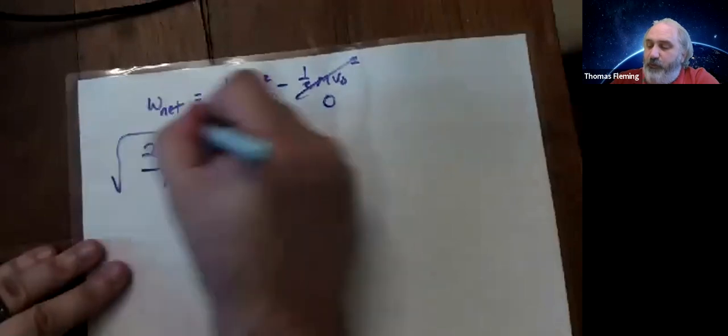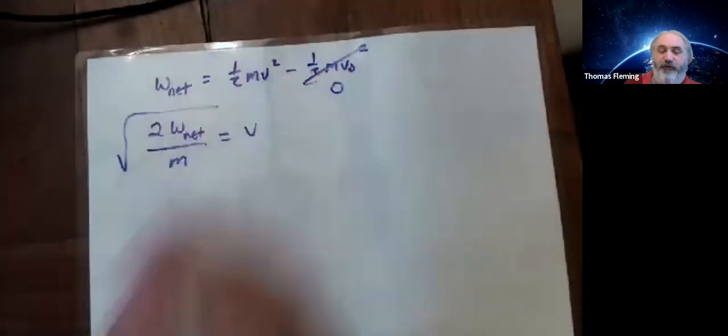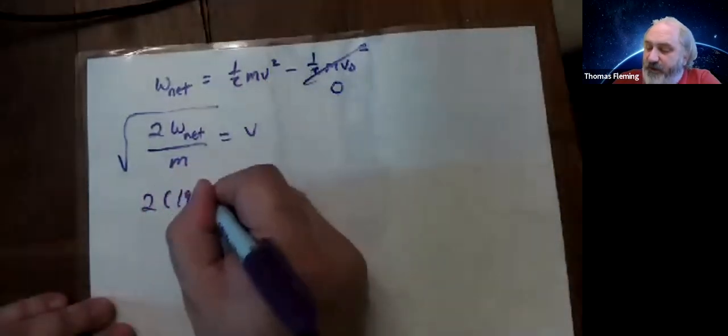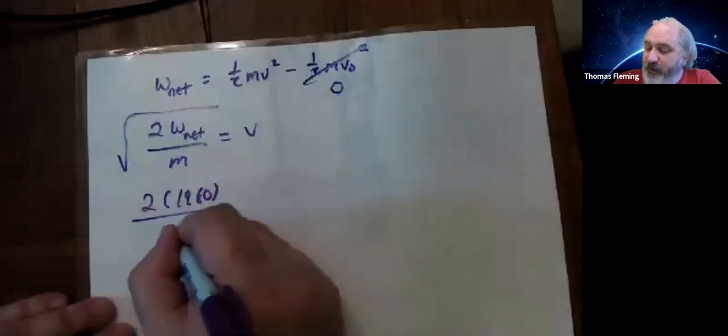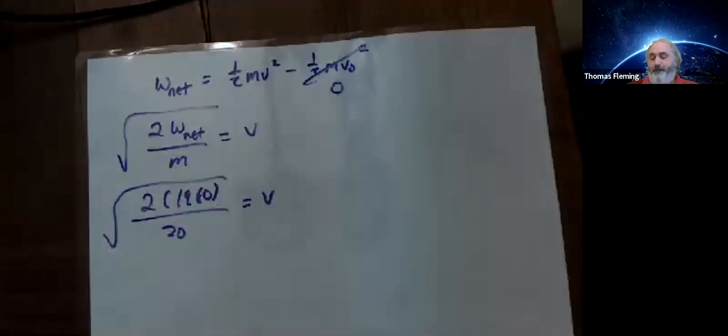All I had to do is rearrange this to solve for v, and I'm good to go. So 2 times 1,960 divided by 20, and then I square root that. So 1960 times 2 divided by 20, square root.